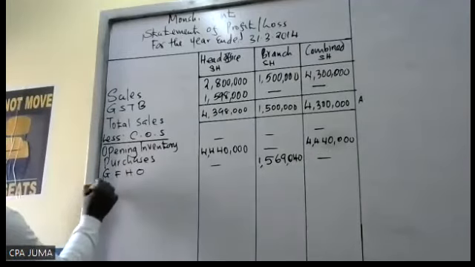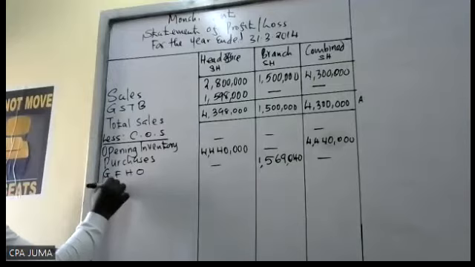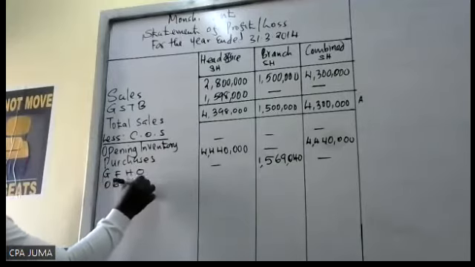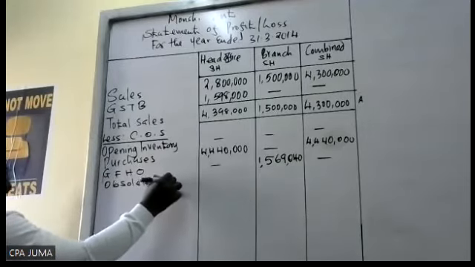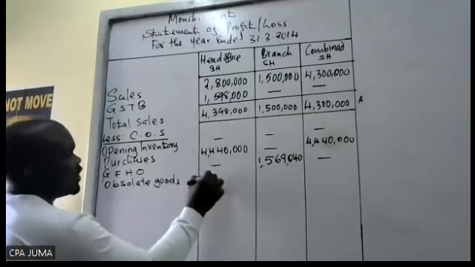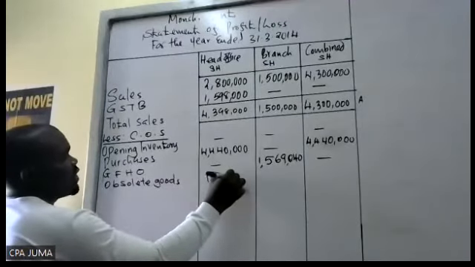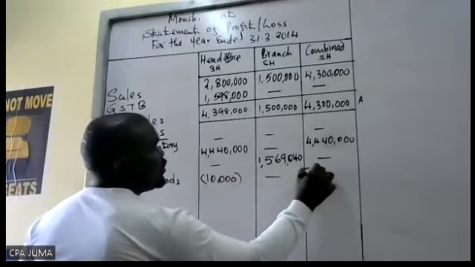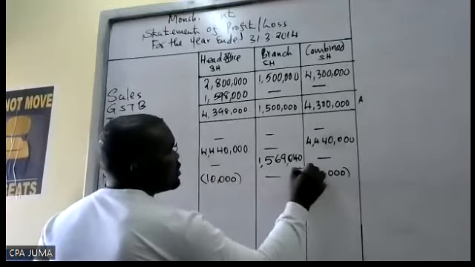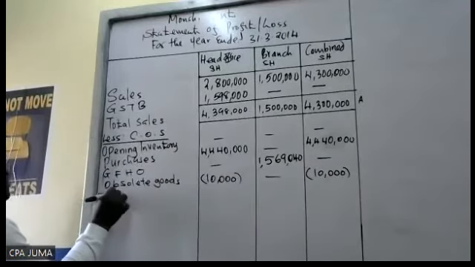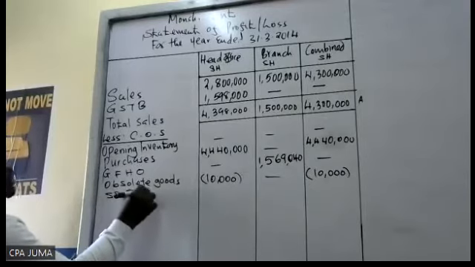Then there were some obsolete goods. Obsolete goods you will subtract here. In the head office, they were 10. So those ones you less. You also less spoiled goods.